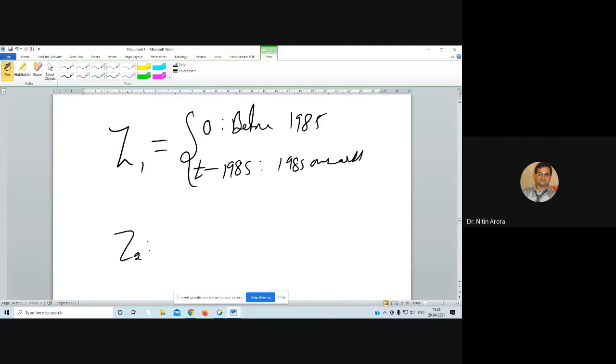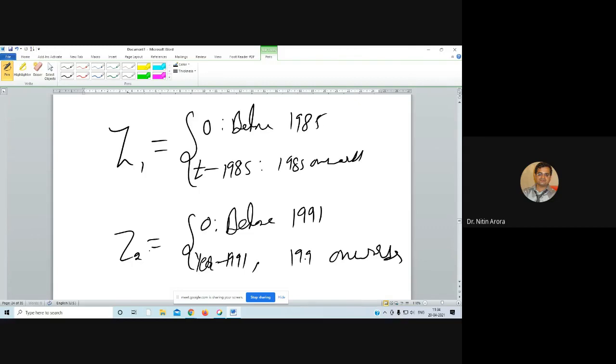Z2 is 0 before 1991, and T, I am assuming it's year, year minus 1991 from 1991 onwards. Here also you take year. So this is the formation of Z1 and Z2.